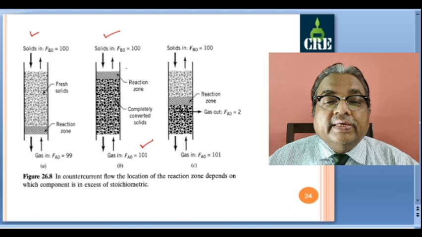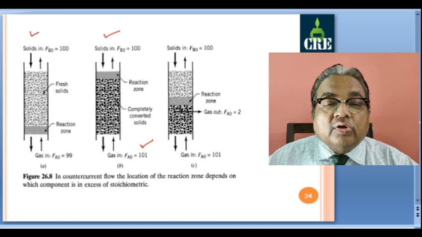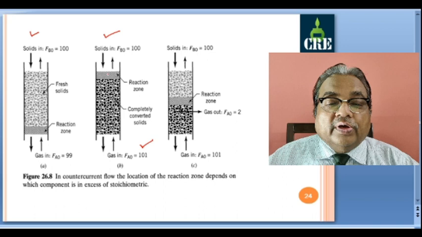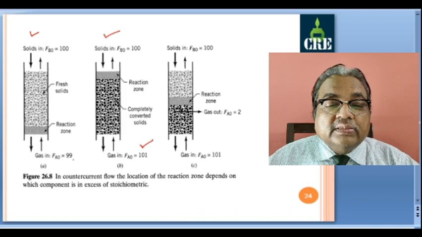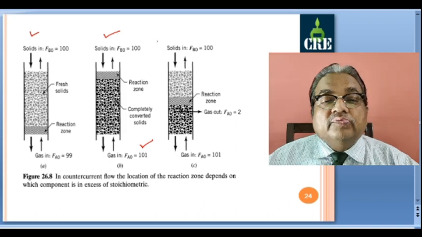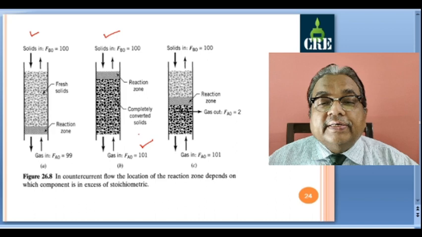So, completely converted solids will be there throughout the reactor, and here as this is a little less than this, the reaction zone is shifted here. So, reaction zone is here. Okay. So, where will be the reaction zone? Where the reactant is in the lesser quantity as we compare the two feed rates.